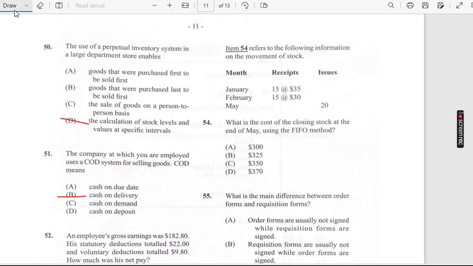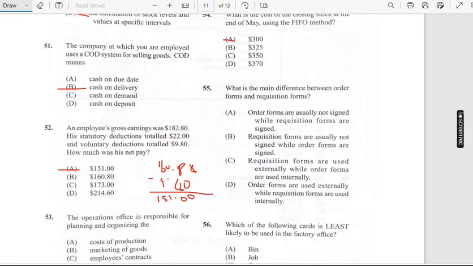So for the closing stock at the end under the FIFO method, first in first out, we'll basically have 300. 300 for that one.